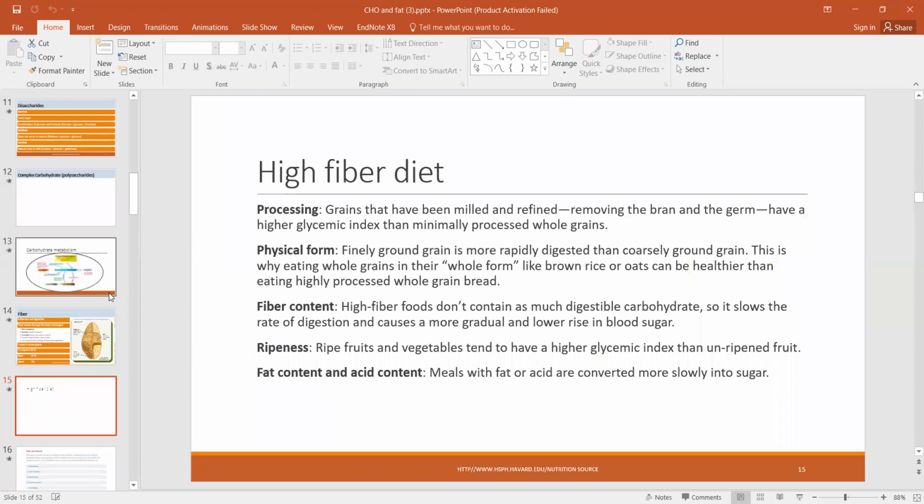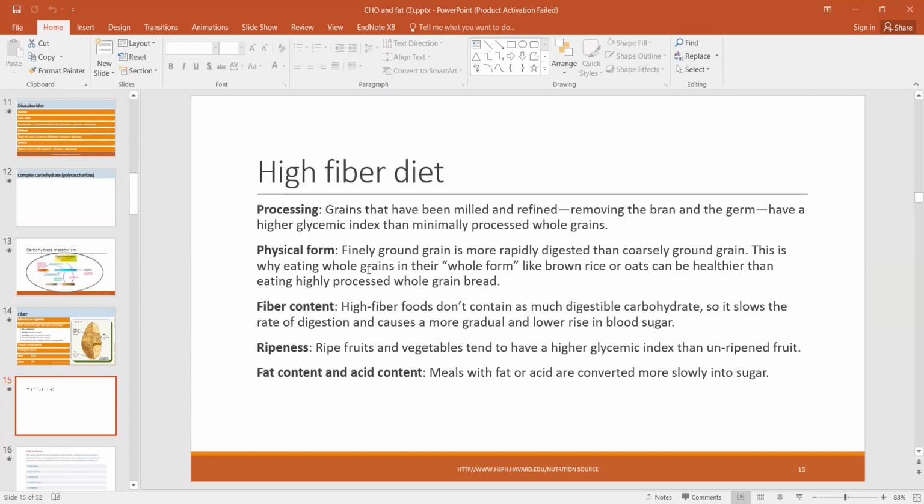High fiber diet and processing: a grain that has been milled and refined, removing the bran and germ, has a higher glycemic index than minimally processed whole grain. Finely ground grain is more rapidly digested than coarsely ground grain.